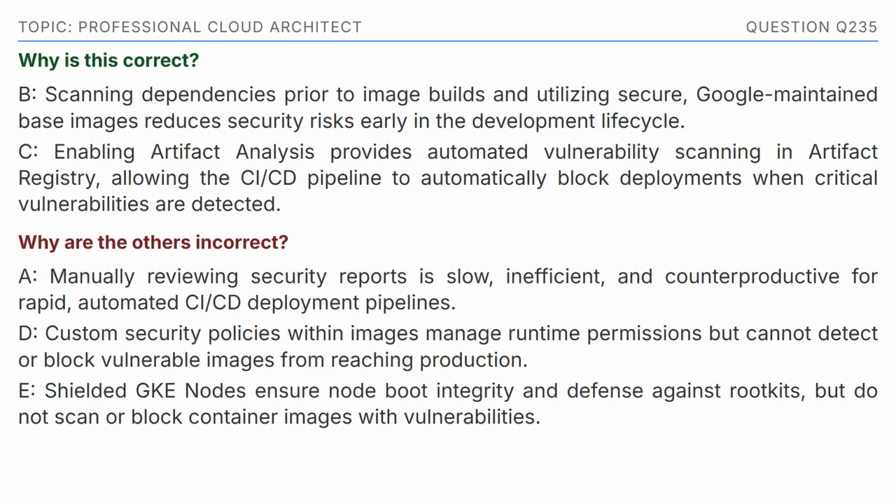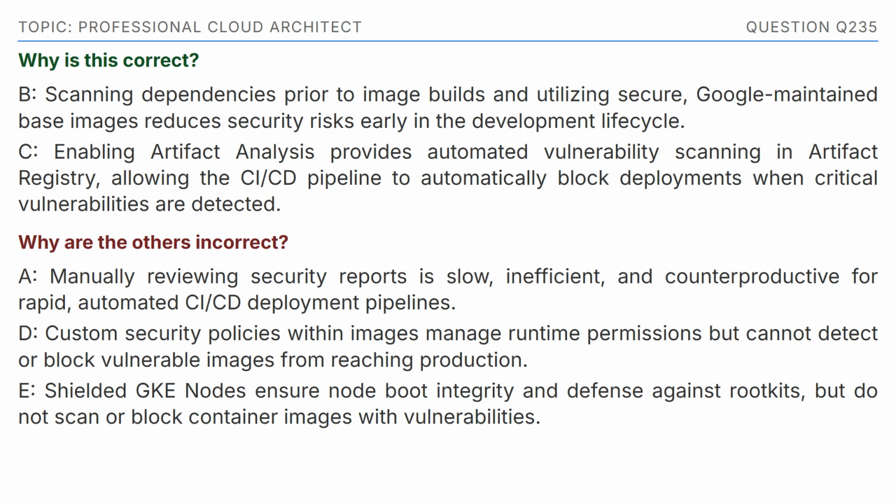Why is this correct? B. Scanning dependencies prior to image builds and utilizing secure, Google-maintained base images reduces security risks early in the development lifecycle. C. Enabling artifact analysis provides automated vulnerability scanning in Artifact Registry, allowing the CI/CD pipeline to automatically block deployments when critical vulnerabilities are detected.